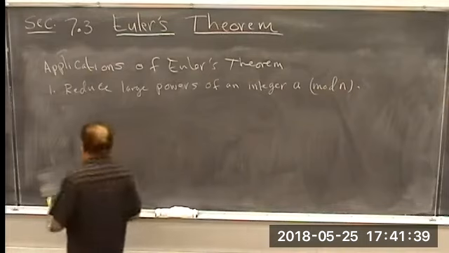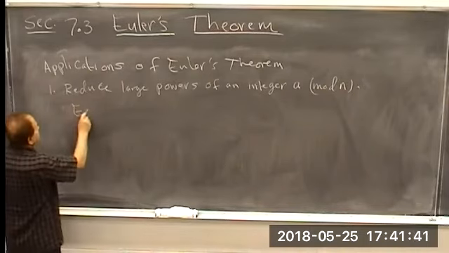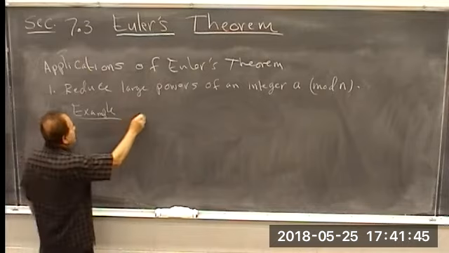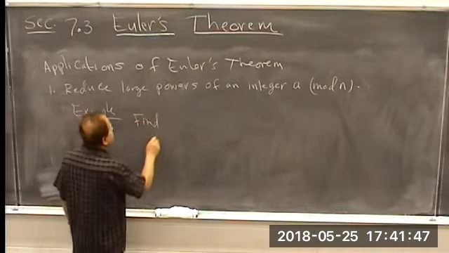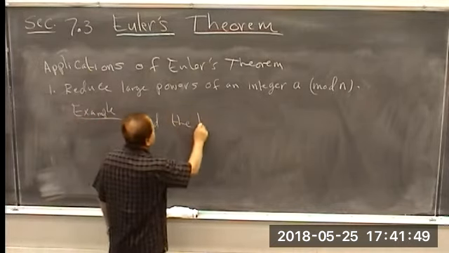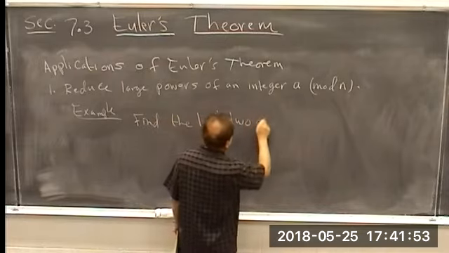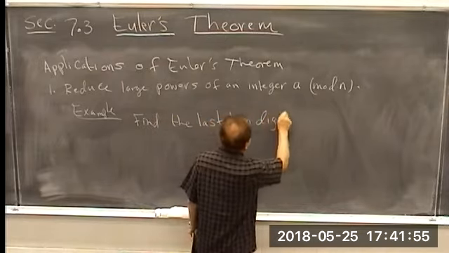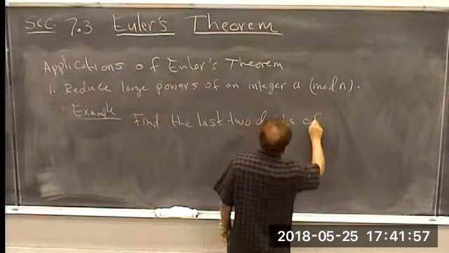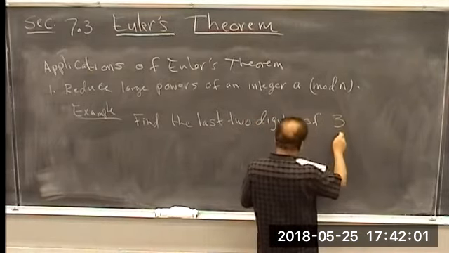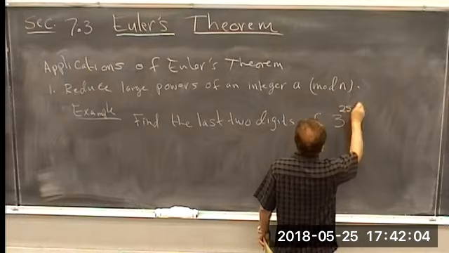So, look at an example of this. Say that we wanted to find the last two digits of this number, 3 to the power 256.